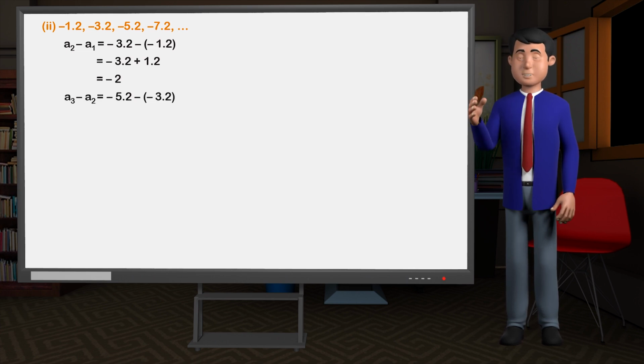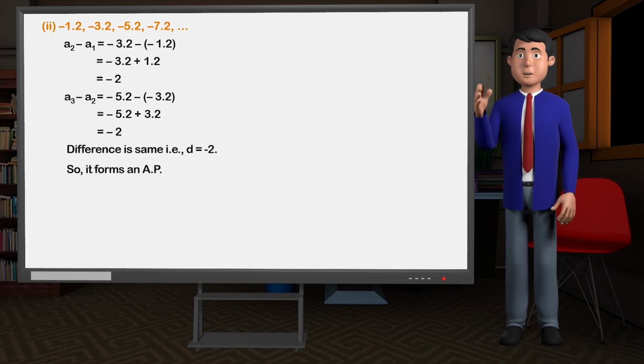A3 minus A2 is equal to minus 5.2 minus of minus 3.2, that is equal to minus 5.2 plus 3.2, that is equal to minus 2. Here we observe that the difference is same, that is D is equal to minus 2. So it forms an AP.